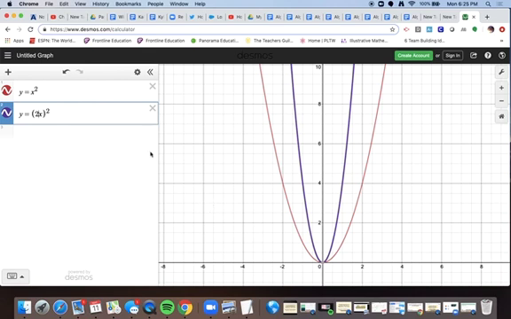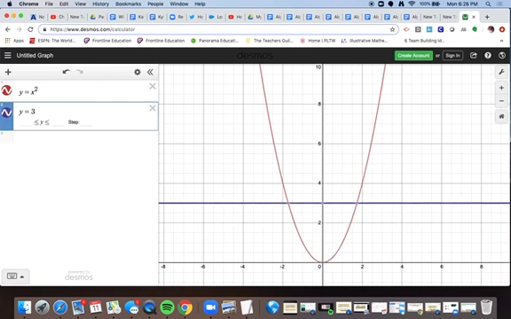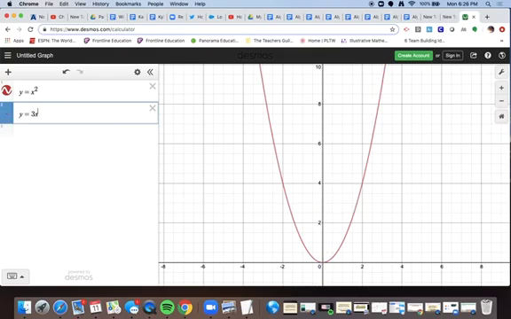So let's do one more quick example. Supposing I decide, what is the difference between doing a vertical? Let's make this 3x squared. You see the way that looks, because you've stretched it vertically.